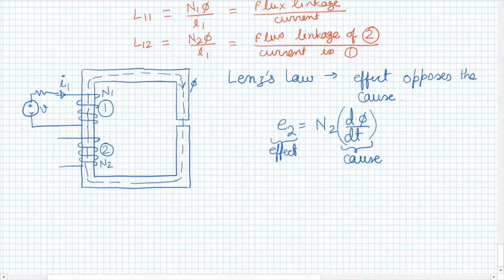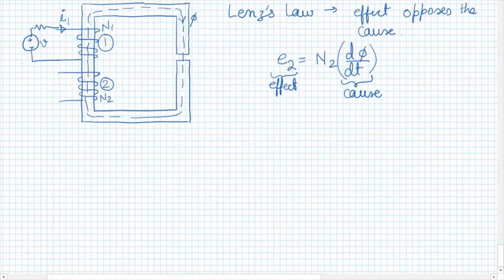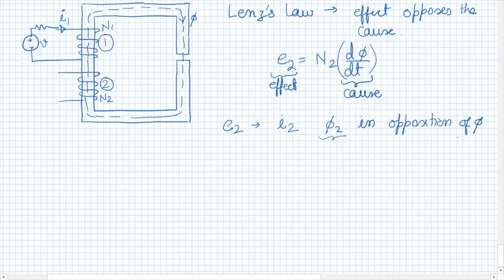Now the sign of E2 should be such that it opposes the change in the flux. The direction of E2 should be such that the current in winding 2 will cause flux in opposition to phi. So to get phi 2 in opposition to phi, the direction of current in winding 2 should be in this direction.